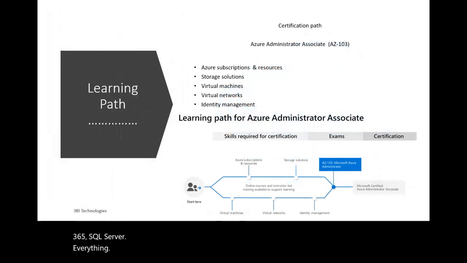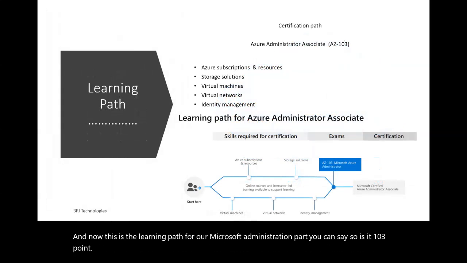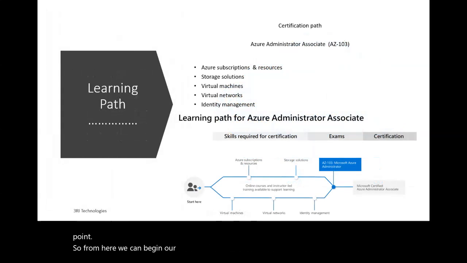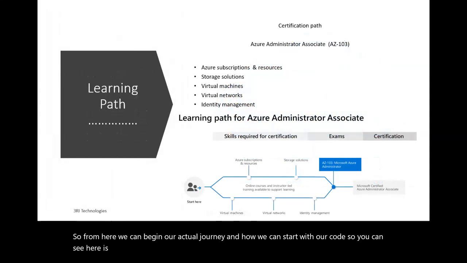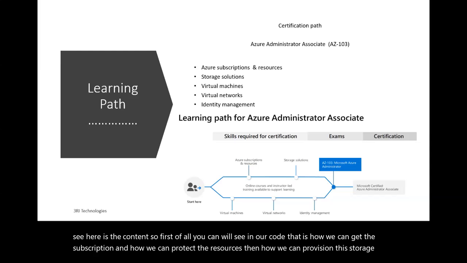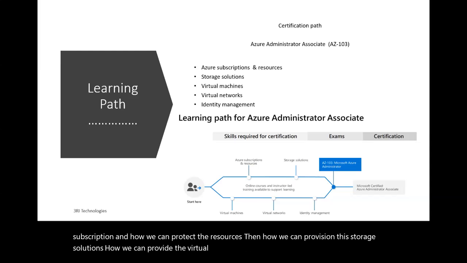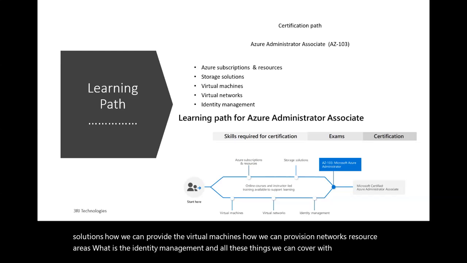And now this is the learning path for our Microsoft administration part. You can say it's the AZ-103 part. So from here, we can begin our actual journey and how we can start with our course. So you can see here is the content. First of all, we'll see in our course how we can get the subscription and how we can provision the resources, then how we can provision the storage solutions, how we can provision the virtual machines, how we can provision network resources, what is identity management, and all these things we can cover with this learning path, right?